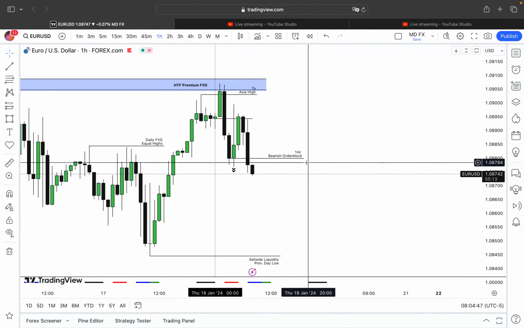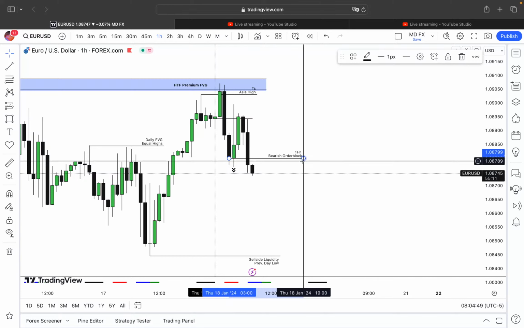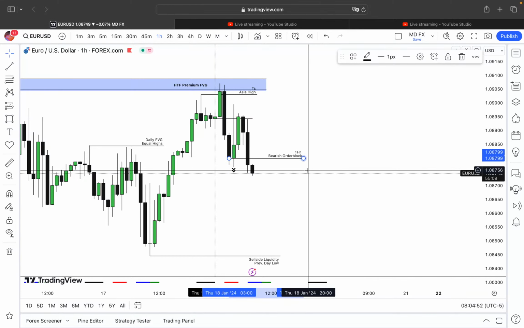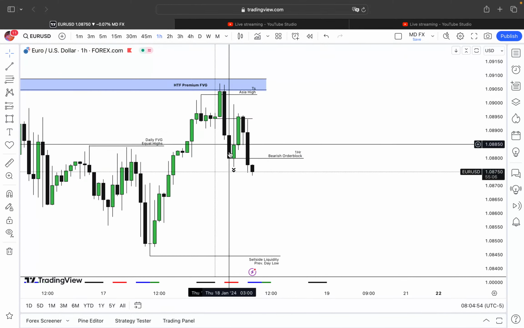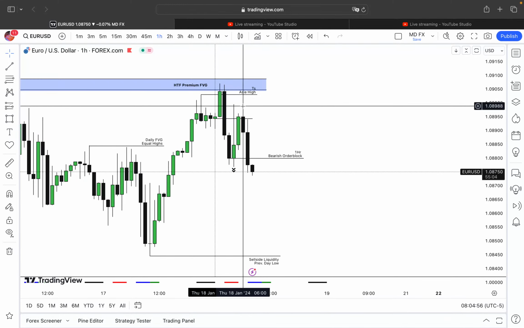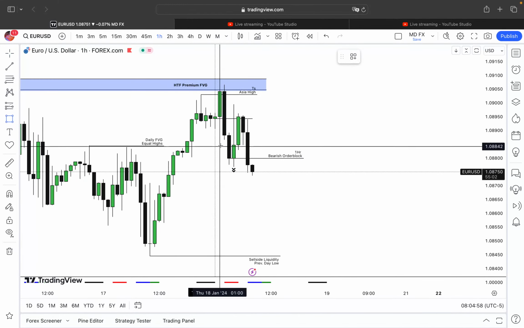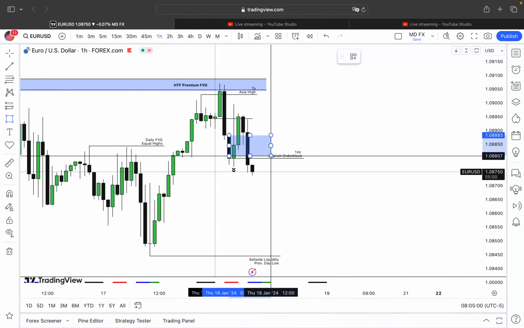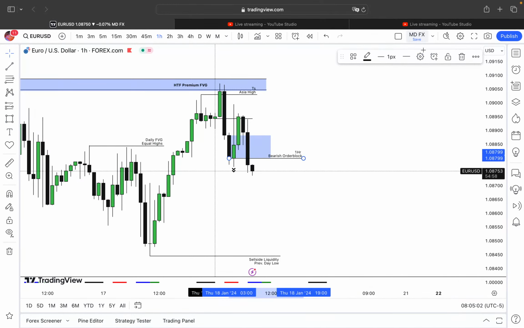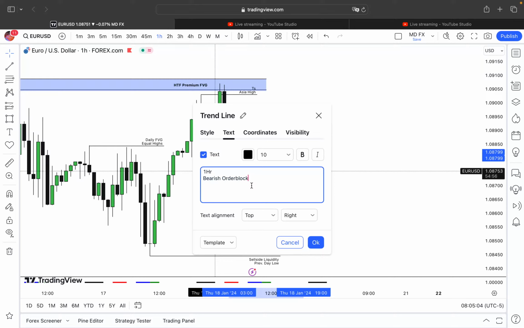So this is no longer a 1 hour order block. It is now a bearish breaker. This sell candle here, this down candle before this up move, that's our breaker. So I'm going to mark that out with my rectangle tool, and I'll tag that as breaker.